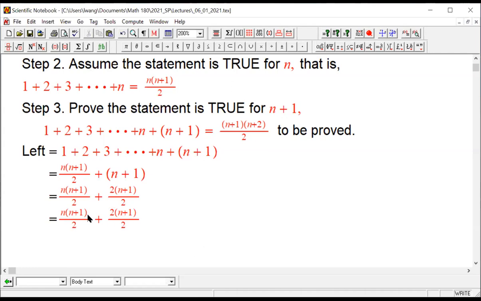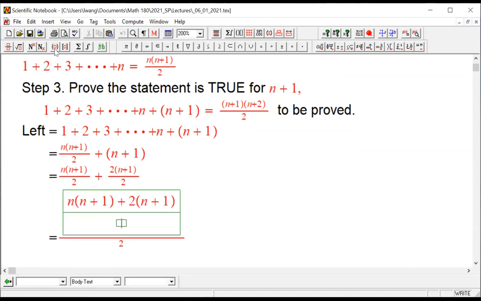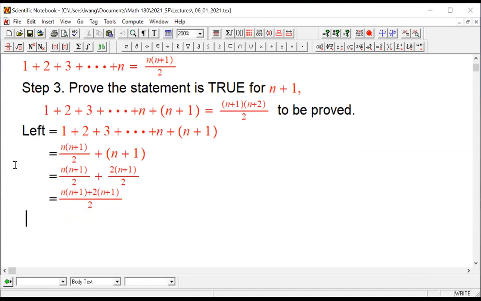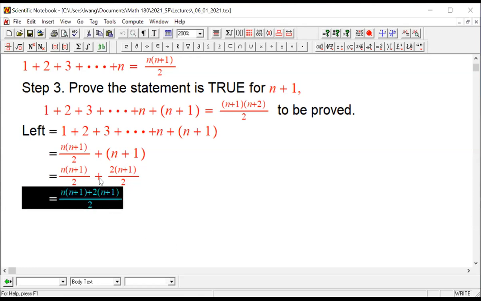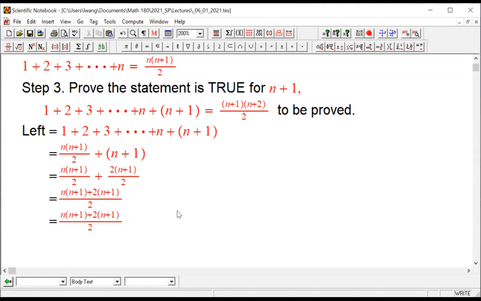We're going to bring these two together, so we have 2 times n plus 1. And of course, we're going to expand. The rest of the steps are pure algebra, but you need to know we're going to the other side. Our target is to get there. We want to get there.